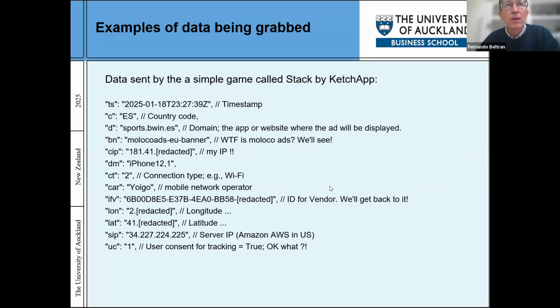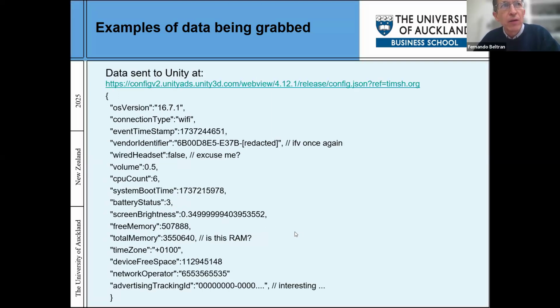He was using a game called Stack by Ketchup, and he found that this is the type of data that was being sent out. This is a JSON data file where you could, just by inspection, understand a few things, but let's leave it there, and we'll return to this later.